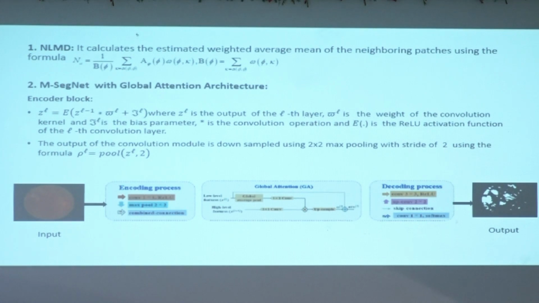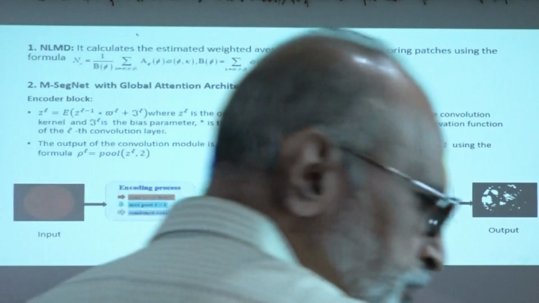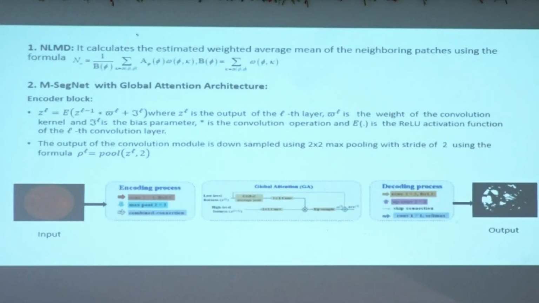And the MSegnet. MSegnet uses both CNN and global attention. I think many of you are aware of the CNN, or else I will tell you. This section contains two blocks, the encoder block and the decoder block. The encoder block has one 1 by 1 convolution layer, and it uses ReLU, the rectified linear unit.